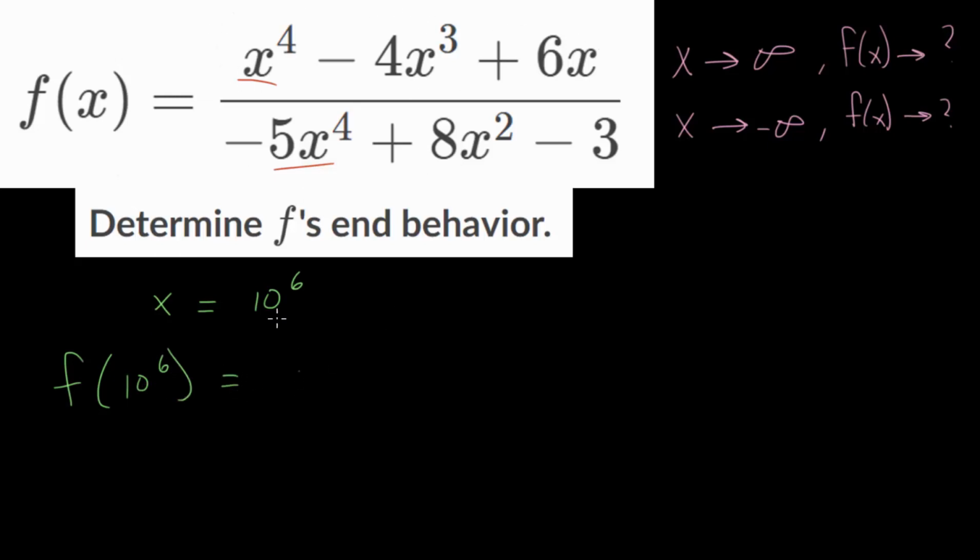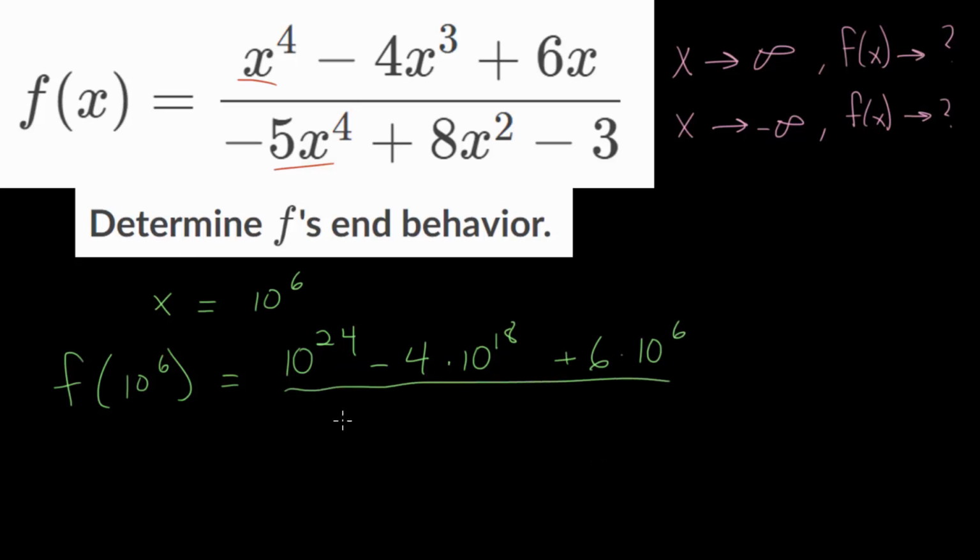In our numerator, we would get 10 to the 6th to the 4th power, which is 10 to the 24th power, minus 4 multiplied by 10 to the 18th power, plus 6 times 10 to the 6th power. We could do the same for the denominator, though the reasoning will be the same in the numerator and denominator.